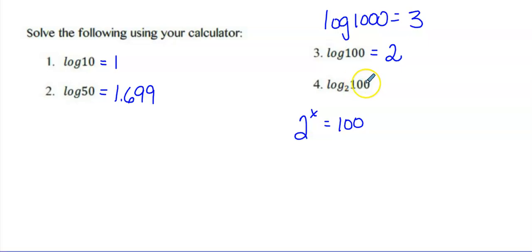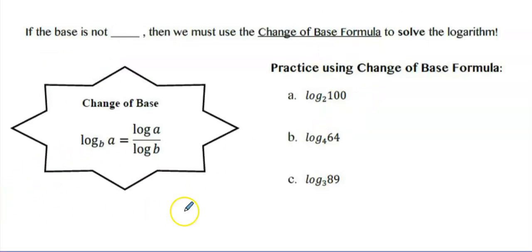There is a way that we can solve these, and if you look down on the next section of your notes, if the base is not a 10, then we use the change of base formula to solve the logarithm. The change of base formula says if you have log base b of a, you can enter on your calculator log base 10 of a divided by log base 10 of b, and that will give you the solution to that problem.